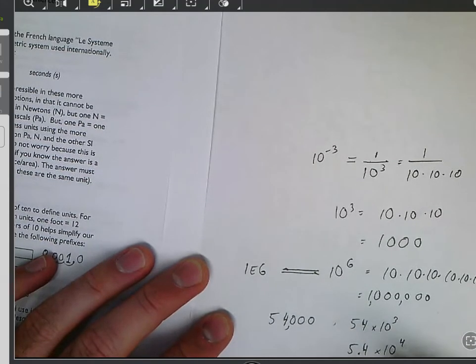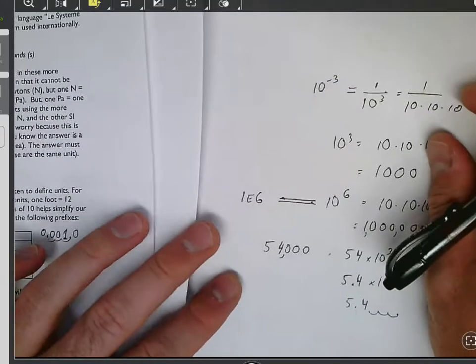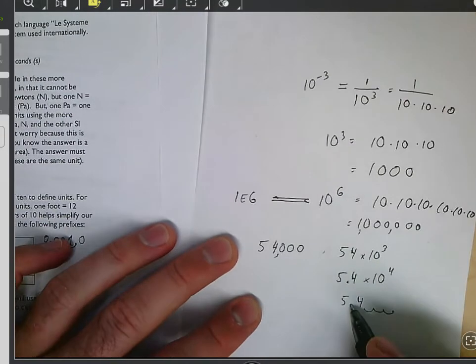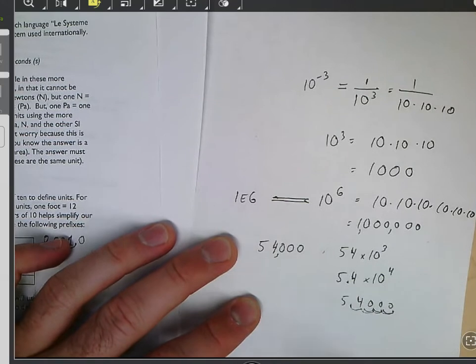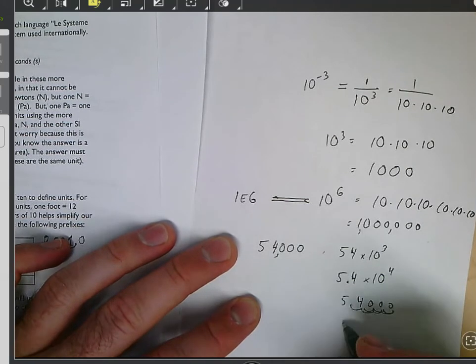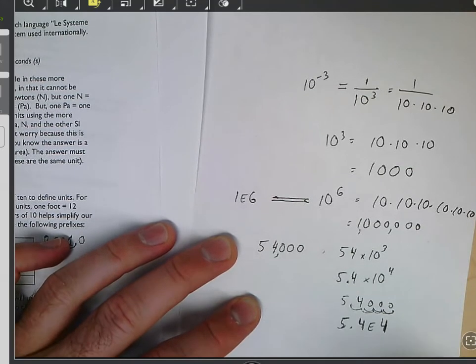So in other words, 5.4 times 10 to the 4, if I bring the decimal over 1, 2, 3, 4, I can fill in the rest with zeros, and I'm left with 54,000. But another way to write this would be 5.4e4. That's another way to write it. So it's a compact way, and hopefully you'll see the value of it as time goes on, why we have those 3 different ways.